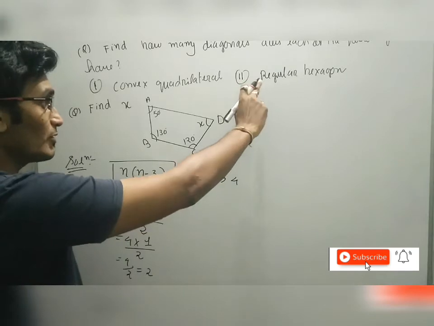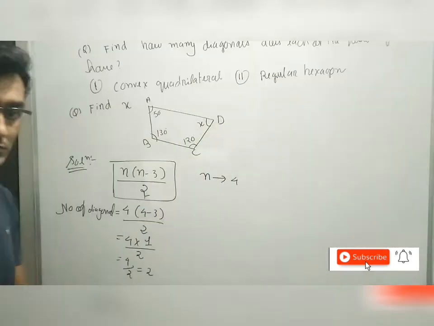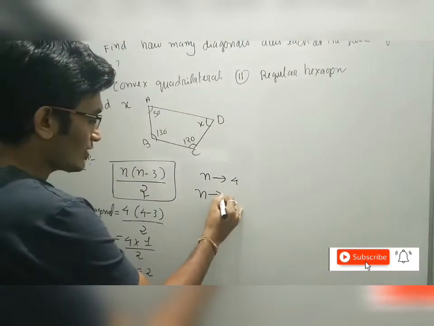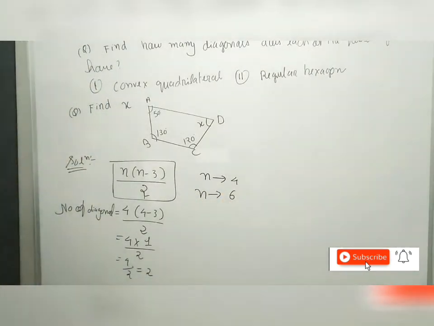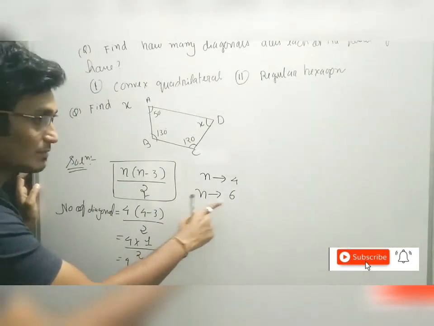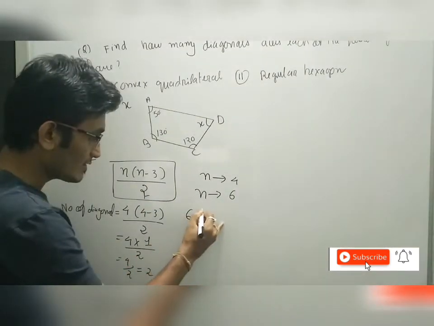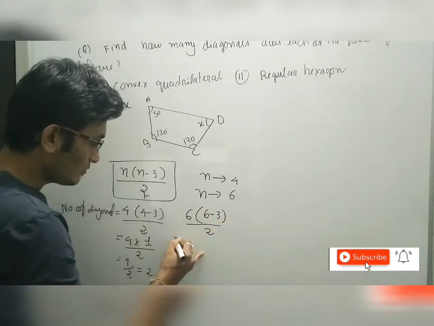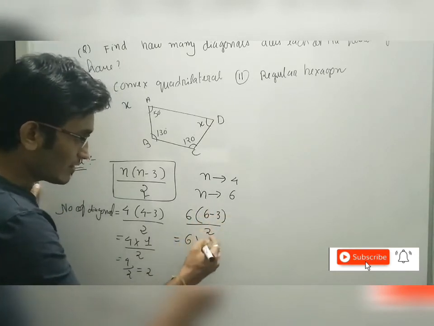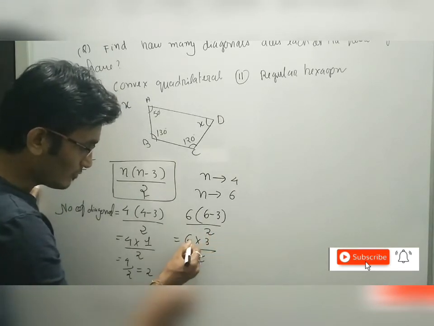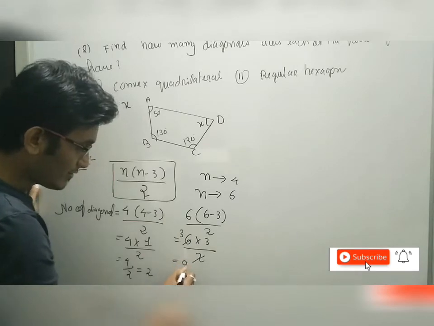Exactly in the same process, regular hexagon. Hexagon means 6 sides, so n should be 6. We find the diagonals by replacing n by 6: 6 into (6 minus 3) divided by 2. So 6 into 3, divided by 2. 2 threes are 6 and 3 threes are 9.